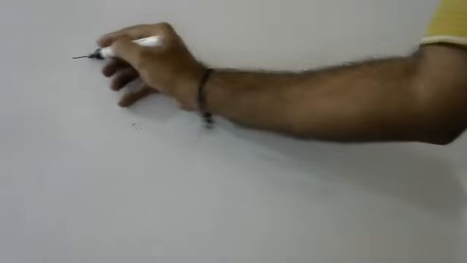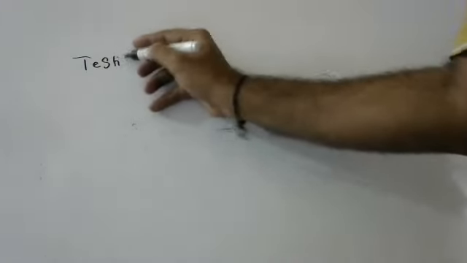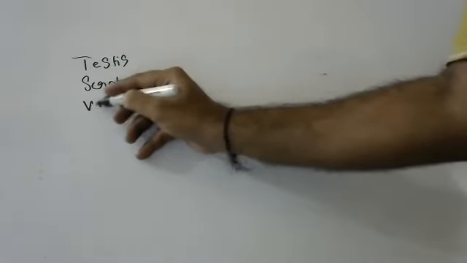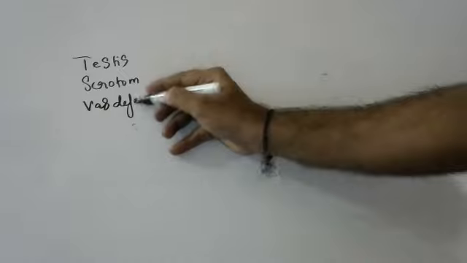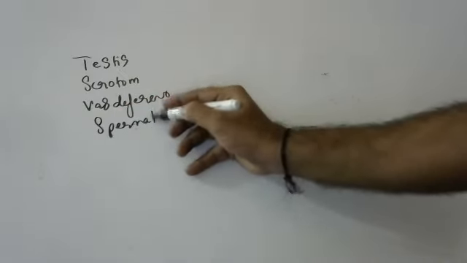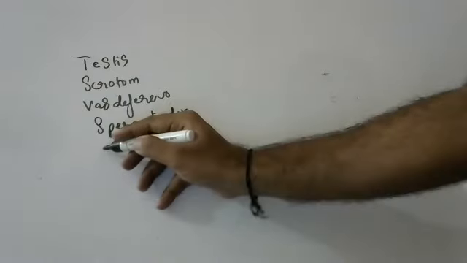See here. First, the testis, we discussed testis. Then testes are protected by the scrotum. From the testis, what is coming? Vas deferens. Vas deferens is going into the spermatic duct. The spermatic duct takes a junction with three glands. What are the three glands?